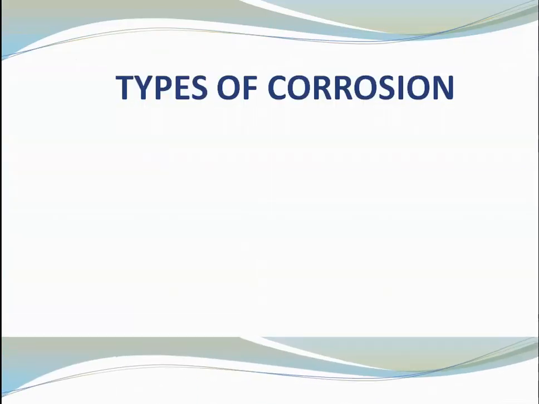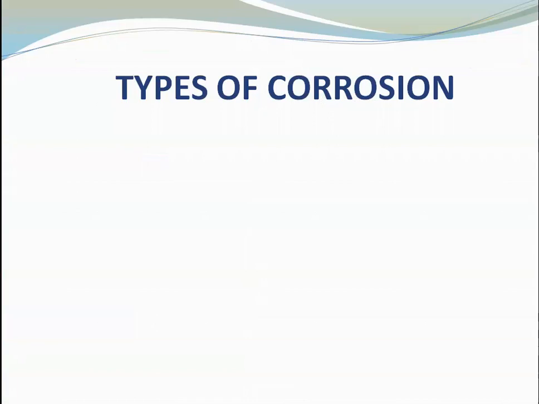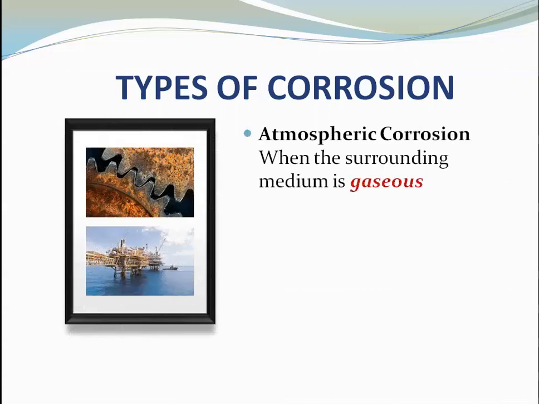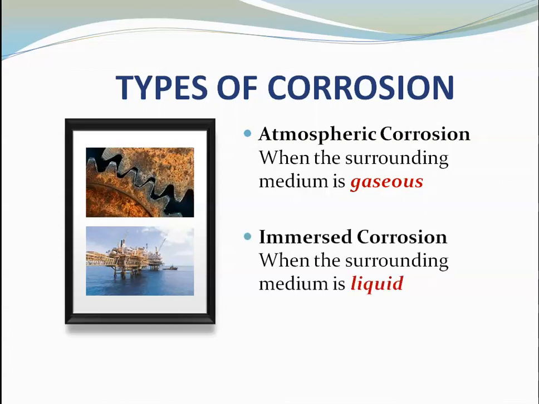Depending upon the nature of the surrounding medium, corrosion can be classified into two types. Atmospheric corrosion, when the surrounding medium is gaseous, and immersed corrosion, when the surrounding medium is liquid. Liquid most often is water.